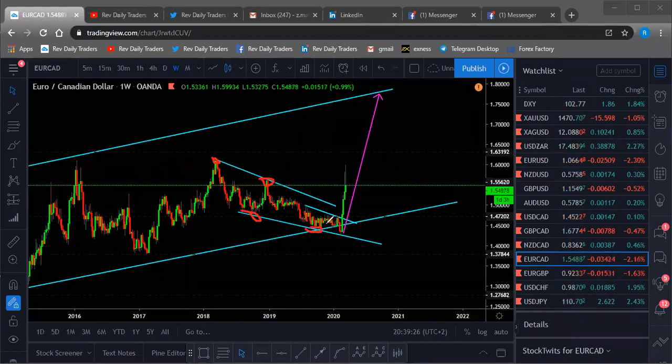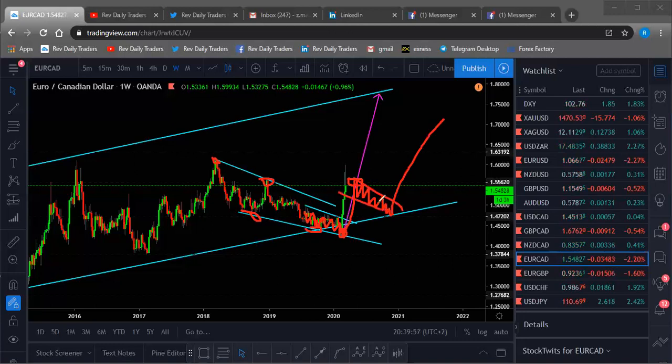Then we got this reversal pattern here that we bought from here, from our roof, from our floor. Then it moved aggressively, okay? So now I think it's going to respect this 1.5562 price. Then what you're looking for is for it to correct, then take a trade, okay?